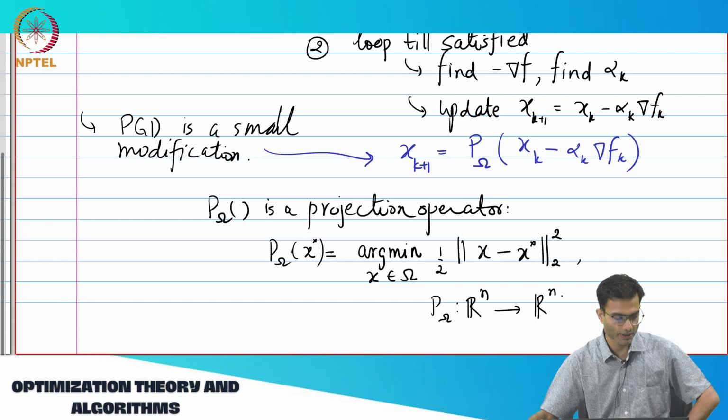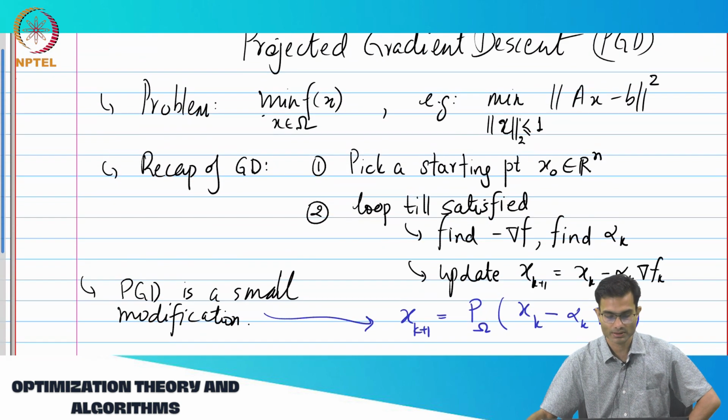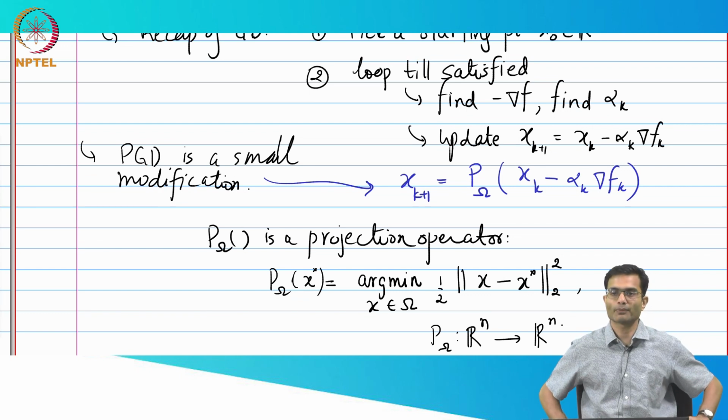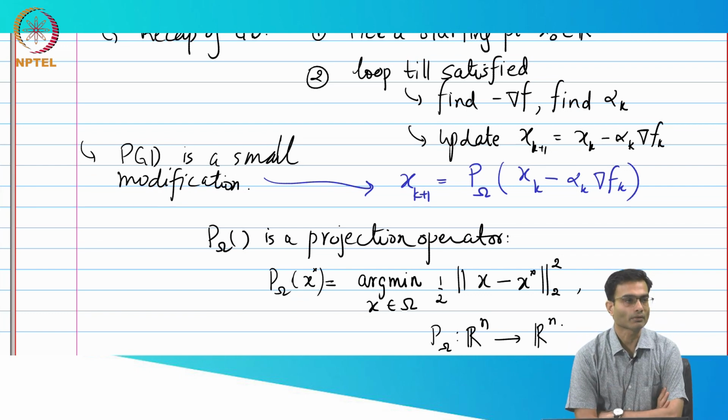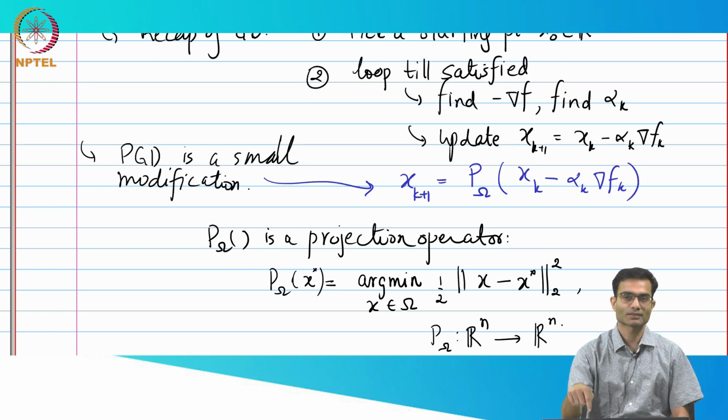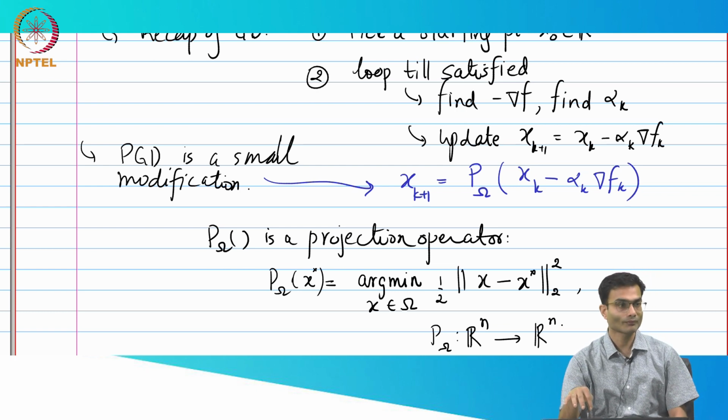So the rest of the details of PGD we will discuss subsequently, but this is all that we need to do to get a working constrained optimization algorithm going. Very simple, right? It's simple as long as this subproblem is easy to solve. This may or may not be easy.